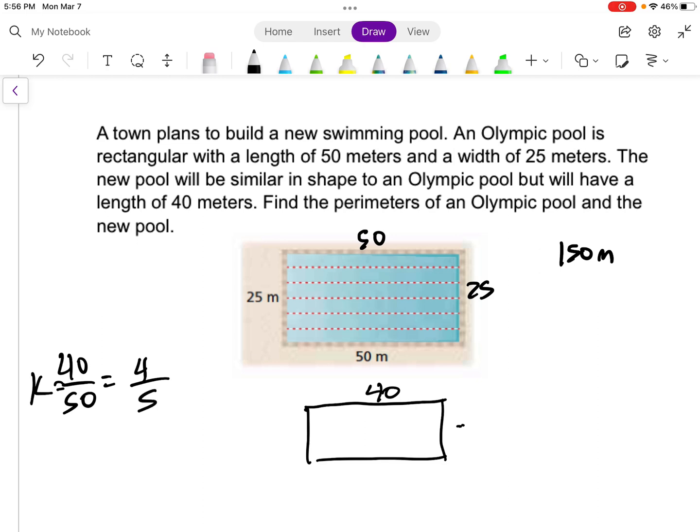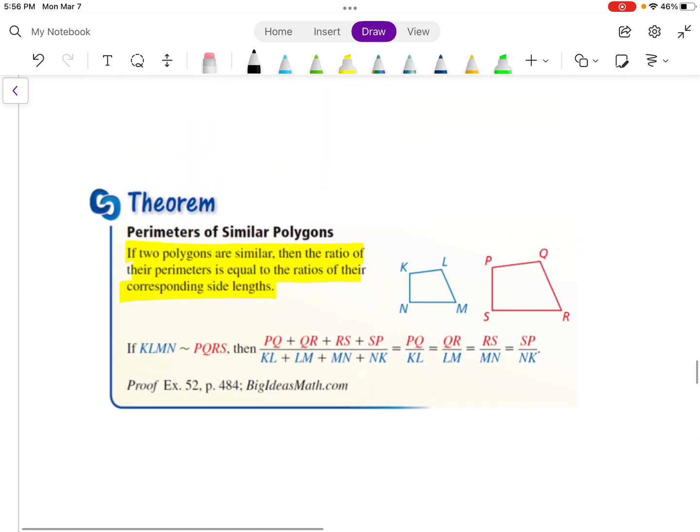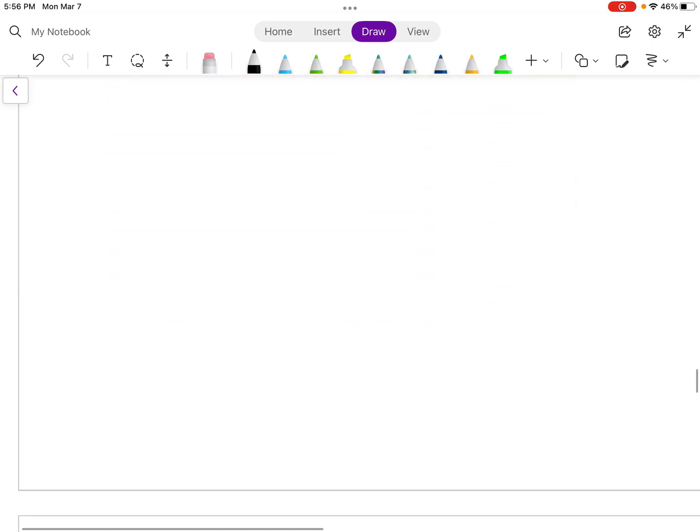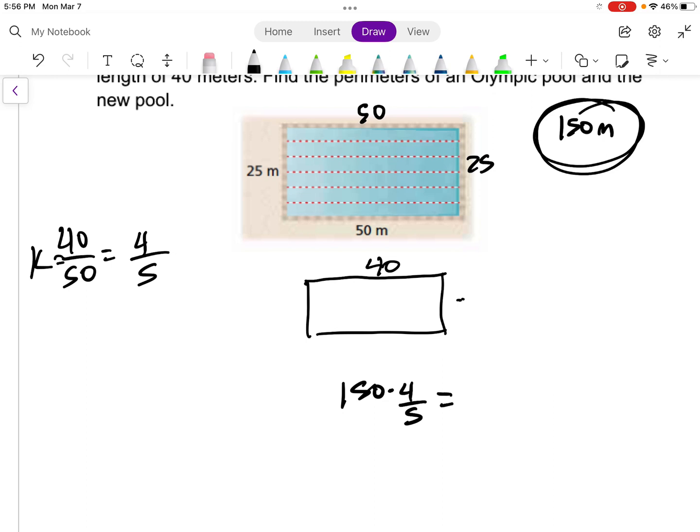So what this says up here is if I know the ratio of the sides, I know the ratio of their perimeter. So the ratio of their sides is 4:5. That has to be the ratio of their perimeter too. So if the perimeter of the Olympic pool is 150 meters, if I just multiply that by 4/5, that will tell me the perimeter of this smaller pool right here.